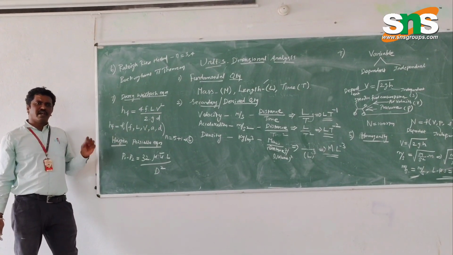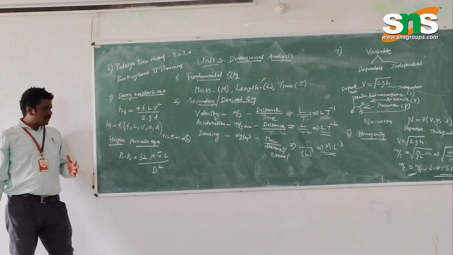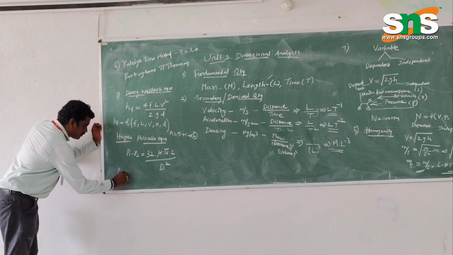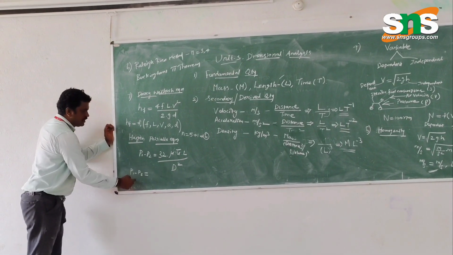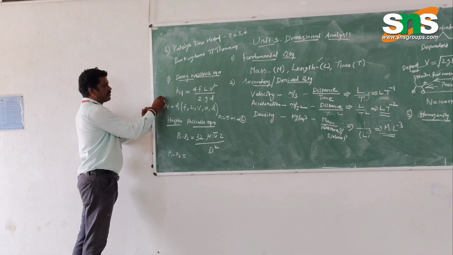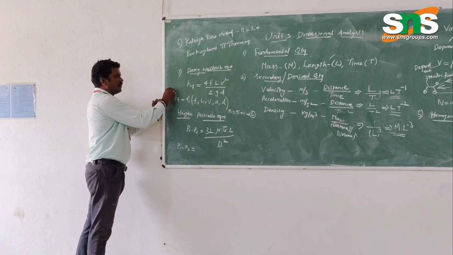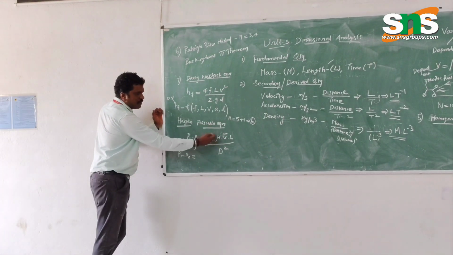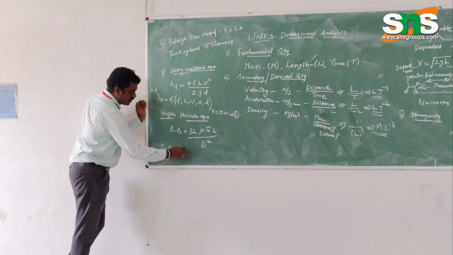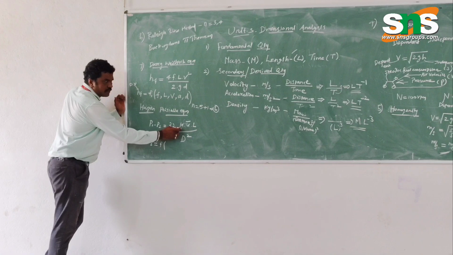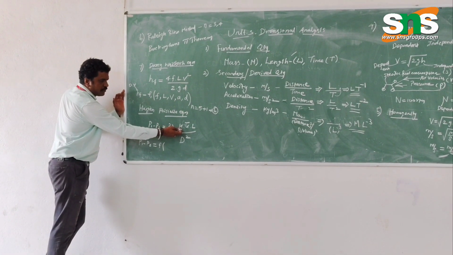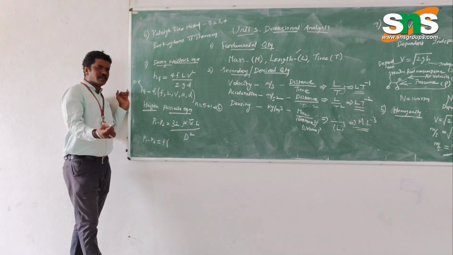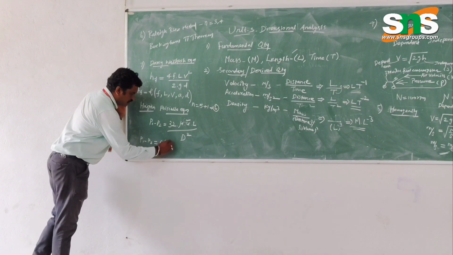Likewise, we write down the quantities for the other equation. Here P1 minus P2 is the dependent variable. What are the independent variables? The first one is mu, the viscosity.